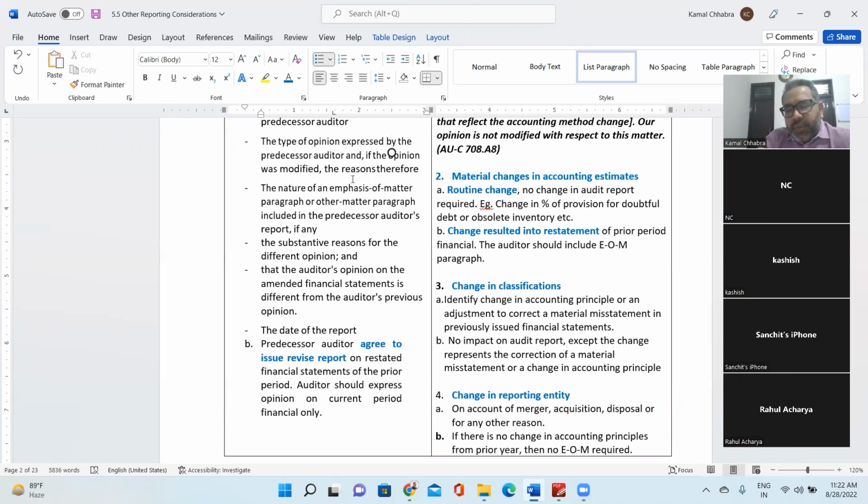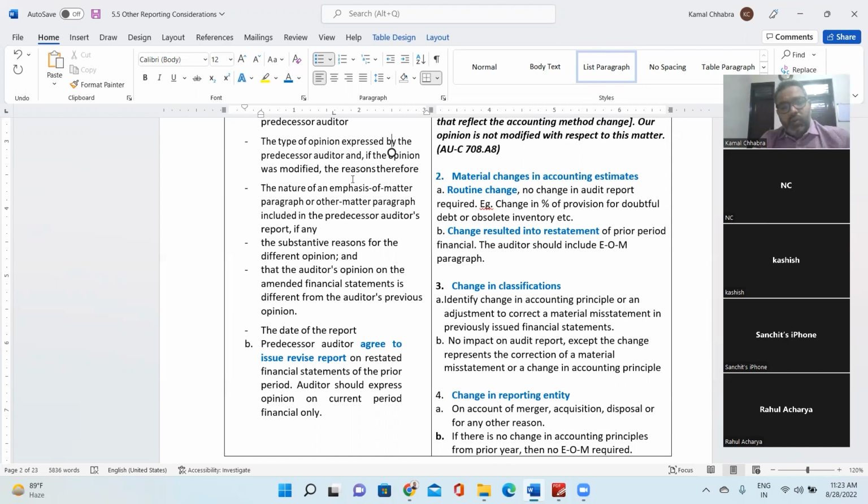If you differ from the predecessor auditor and the predecessor auditor has not agreed to make the revision in their opinion, then in that scenario, you'll be giving an emphasis of matter paragraph or other matter paragraph in your report and giving the reference of the predecessor auditor report and what all areas you expect are different from the predecessor auditor report, right?